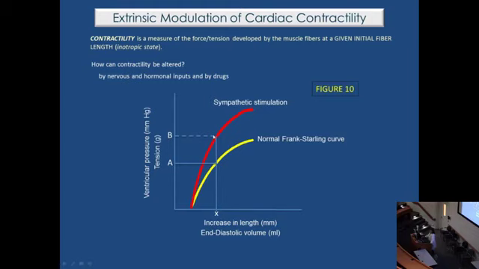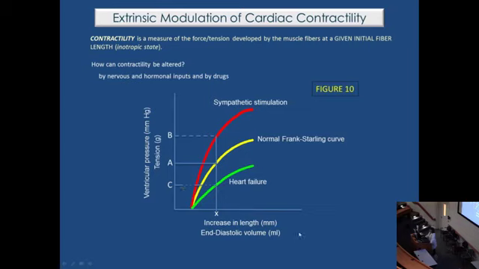You see that? And here, we can also use the opposite example. Let's say that you are working with a heart whose function is compromised, for instance, in the case of heart failure, right? At the same length where you can achieve this amount of tension in normal conditions, you see that now you can obtain less tension.